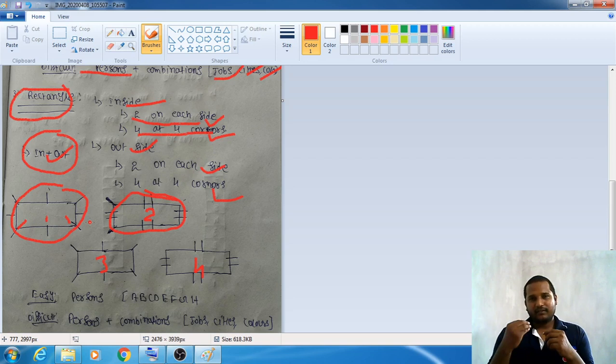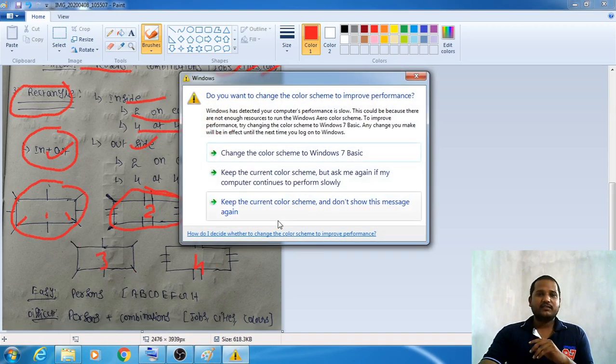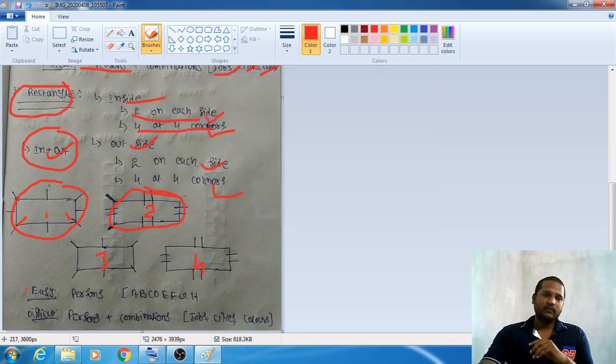We have to find out from whatever data is given and solve based on it. In the easy method, only persons are given: how they sit inside, two persons on each side or four sitting at four corners, otherwise outside, two persons on each side or four sitting at four corners. For inside plus outside, we have to find out based on the given data only.